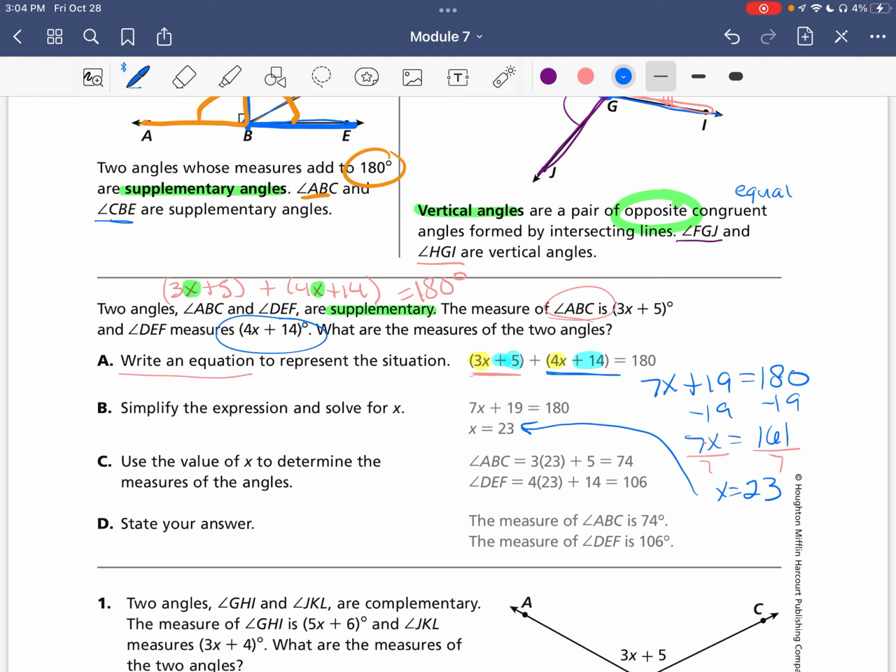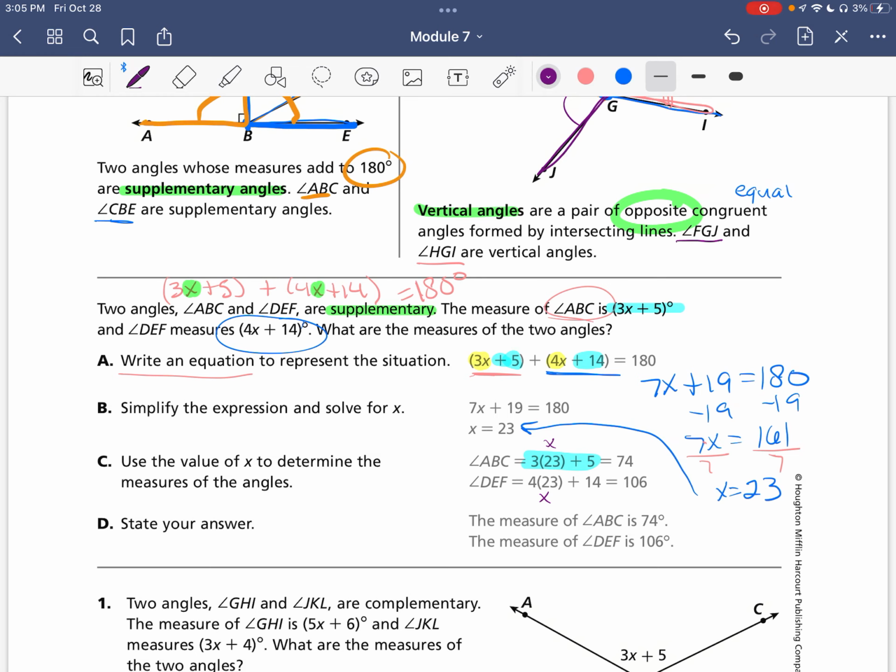Now we can plug it into our angles. Up here, where it told us ABC equals 3x plus 5, and this was 4x plus 14, we plug in our 23 and simplify.